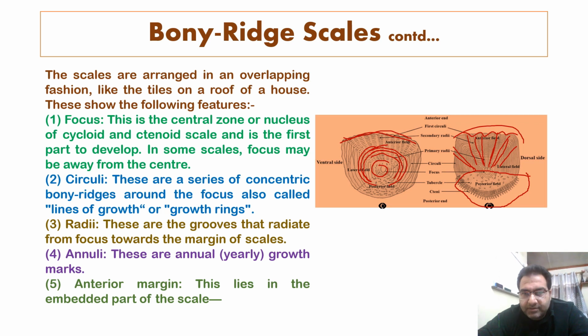Many times certain fishes have both these scales on the same body. For example, Pleuronectes is a fish in which ctenoid scales are present on the pigmented dorsal surface, while cycloid scales are present on the lower side.